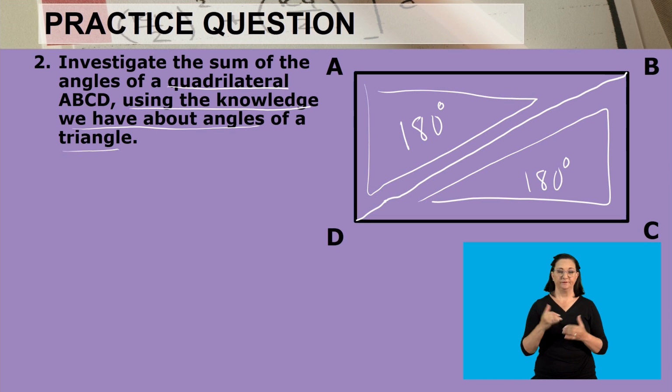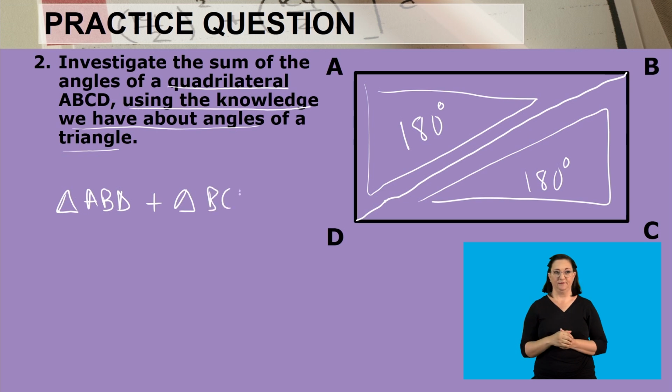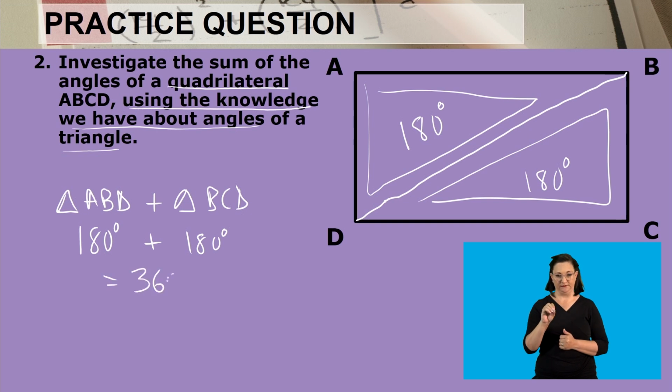Therefore, as we investigate this, it's triangle ABD plus triangle BCD, and this one we know is 180, and that one is also 180 degrees. Therefore, the answer there is 360 degrees.